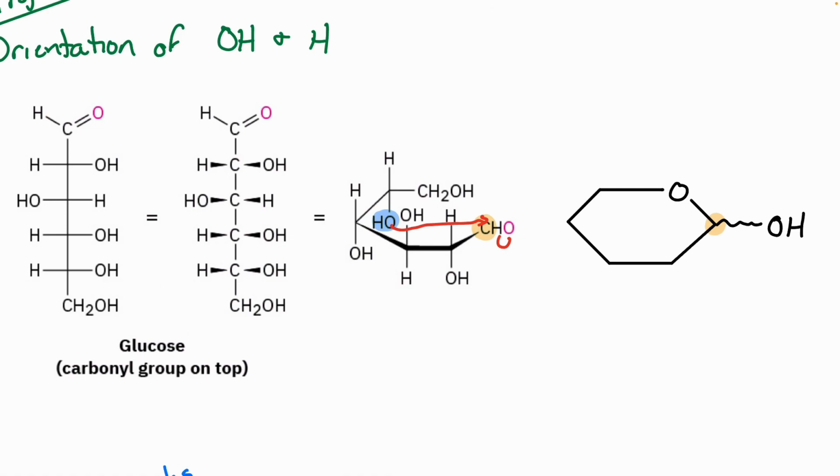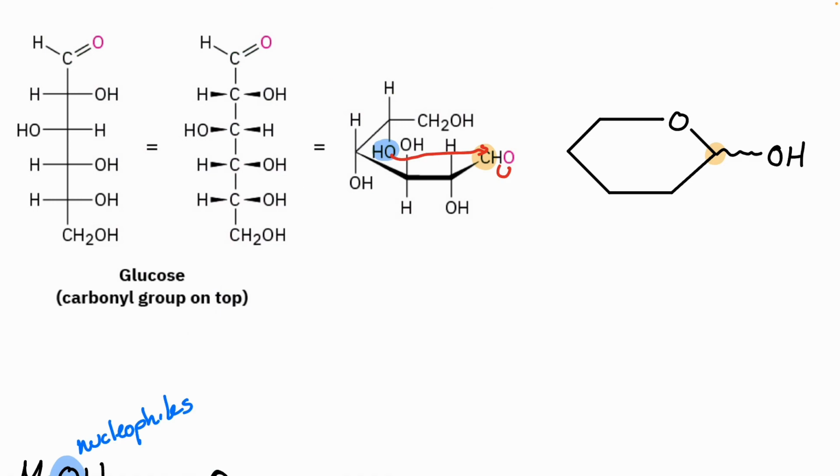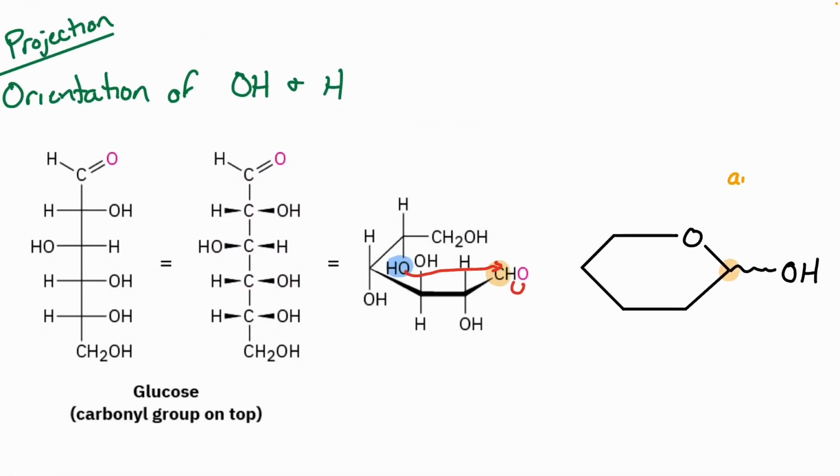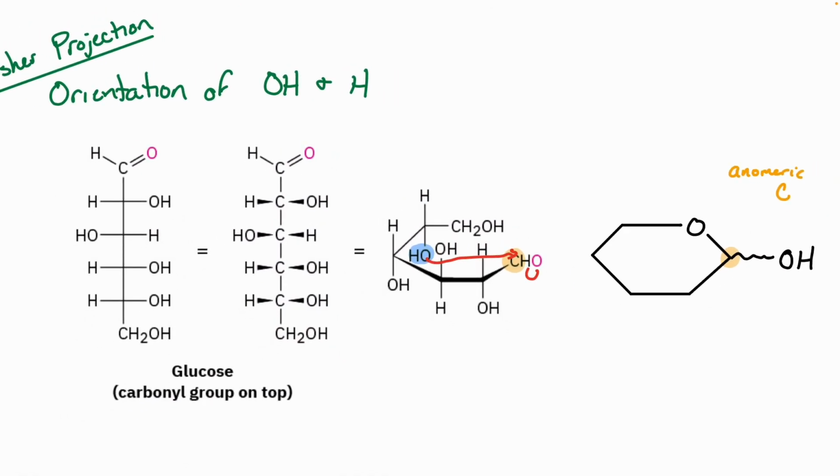You're going to get a 50-50 mix of both of them. Okay? This is what's called the anomeric carbon of the sugar. But all my other OH groups, I can tell based on my Fischer projection whether they're going to be pointed down or up, right? Their orientation is fixed about this ring.